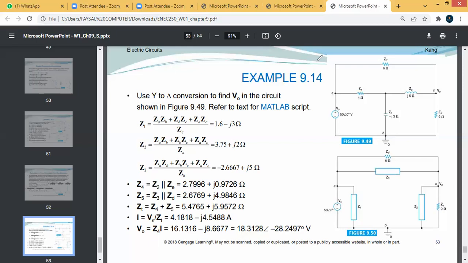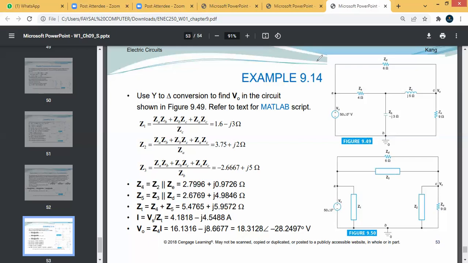After the division, the value of current I is 4.1818 minus j4.5488 amperes. So this is the value of current, which is basically V upon Z.